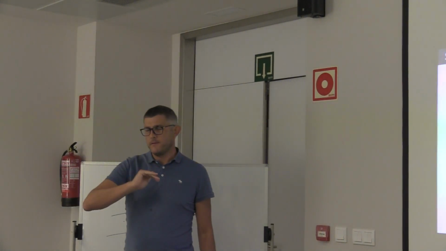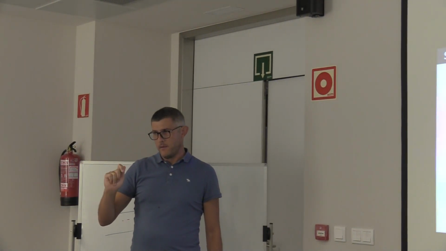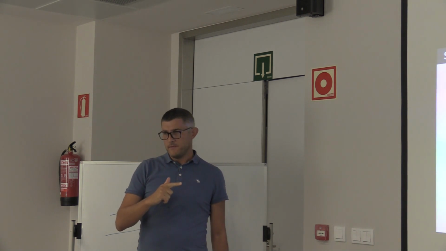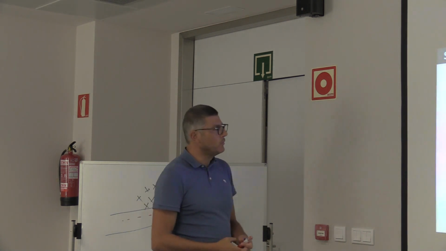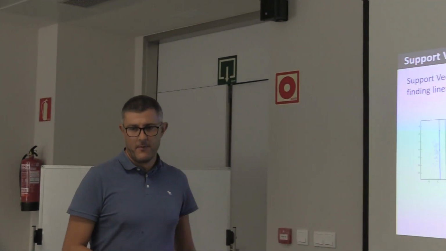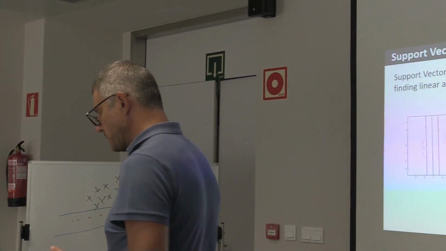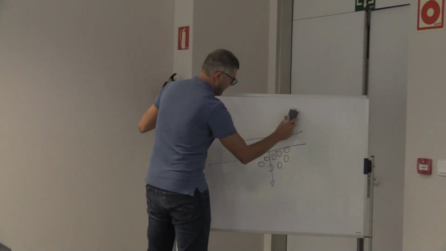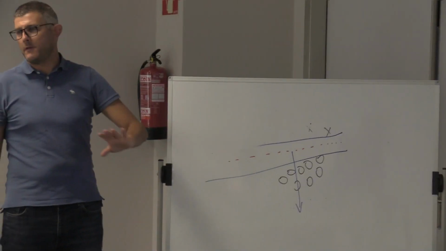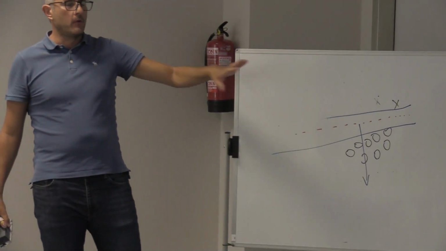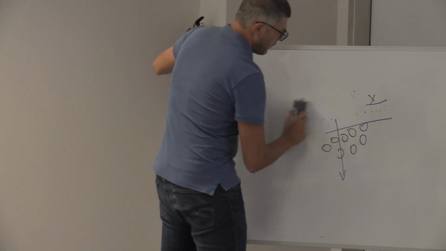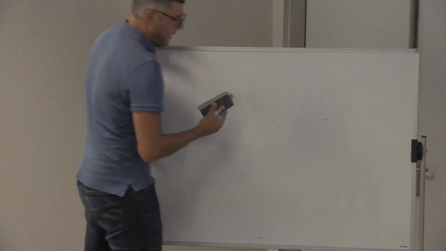As you see now, the decision boundary is linear, but when classes do not have a linear separation, support vector machines can be adapted to work as non-linear classifiers.